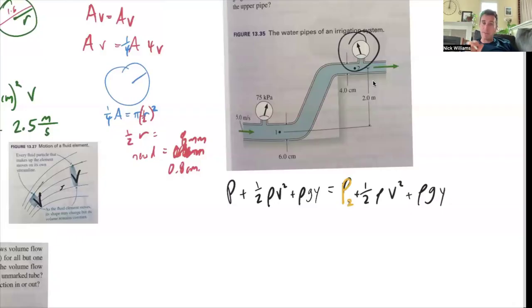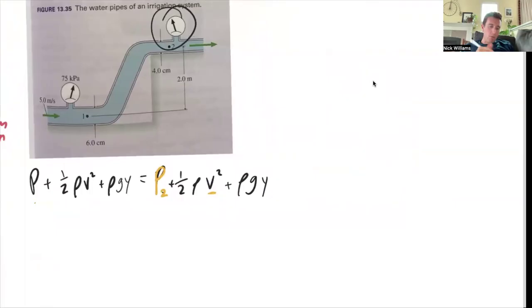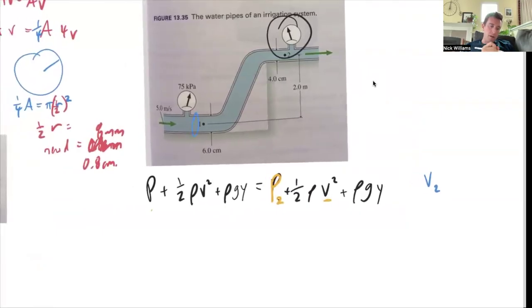I'm going to make that one a different color just so it stands out. The other thing that I don't totally know is the velocity on two, which is going to get a little bit tricky. So I think I first have to figure out the velocity on two because I do have the pressure here. So step number one, I'm going to shift sideways just a little bit and try to figure out what is the velocity on two. To do the velocity on two, I do have the area and the velocity on one, and I've got the area on two, and I need the velocity on two.